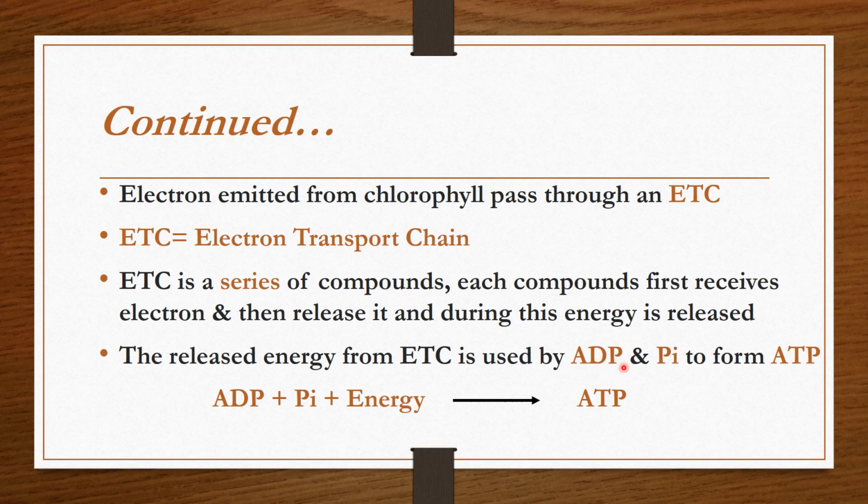Here there are just two phosphates, diphosphate. So when another phosphate, an organic phosphate, adds to this ADP, it becomes ATP. In the reaction, ADP plus one organic phosphate with the help of energy. This energy comes from the electron transport chain, and one ATP molecule is produced.